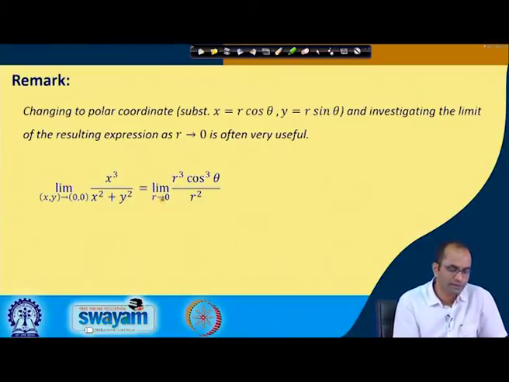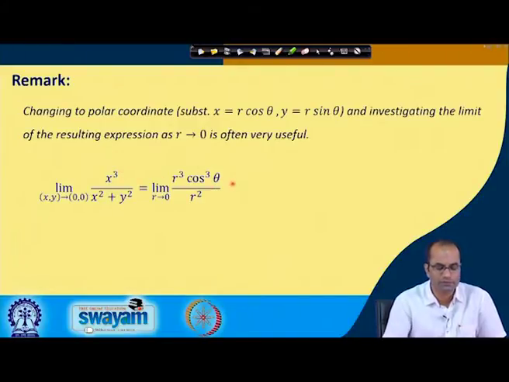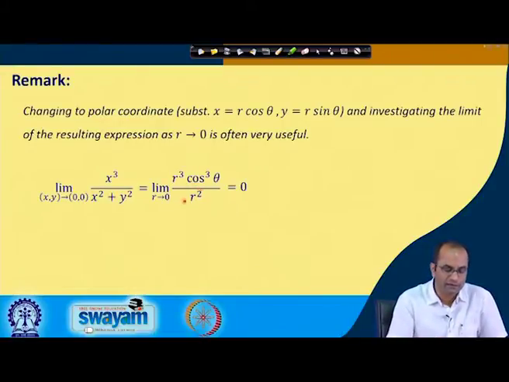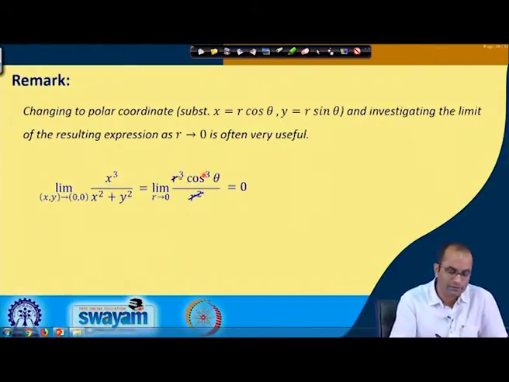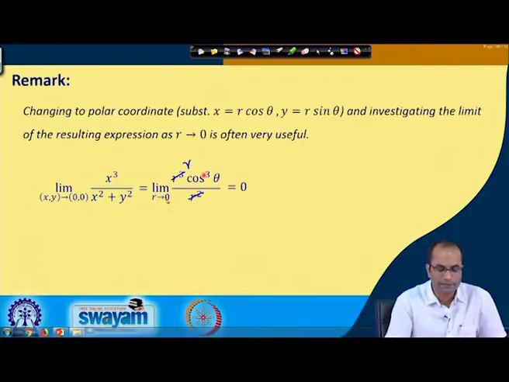Our limit as r goes to 0 will have r cube cos cube theta over r square, and then this r square will be cancelled with the r cube, so you will have r, and then the limit as r goes to 0. This cos cube theta is a bounded function, so when r goes to 0, this limit will be 0.